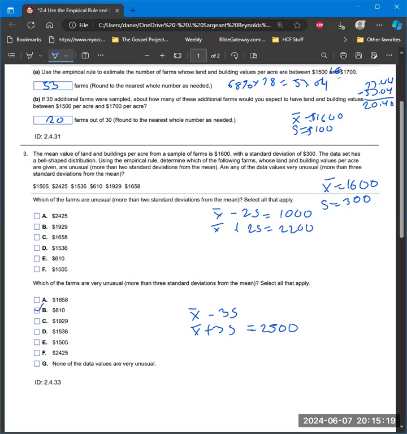So we'll start answering this question here. 610 is extremely unusual. Do we see anything on the high end there? Nothing seems to be on the high end. Now we're going to look for things that are less than 1,000 but above 700.